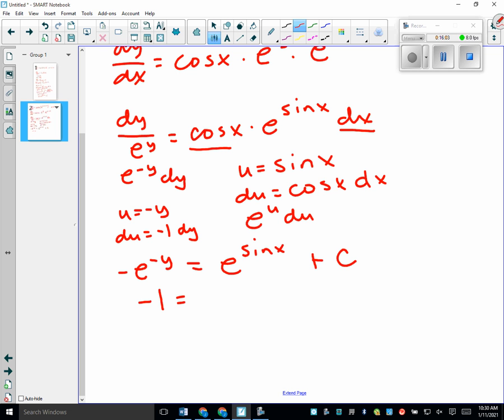So e to the 0 is 1. You just plug in the numbers. Isn't this 1 plus c? So what is c? Negative 2.